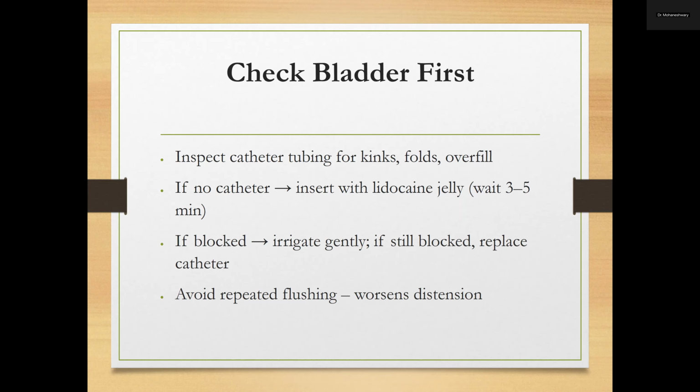If the patient is already on a catheter but it's blocked, irrigate with 10 to 15 mL of normal saline, but not continuous irrigation. If it's still blocked after irrigation, remove the catheter and replace it with a new one. Avoid repeated flushing because it can worsen the distension.